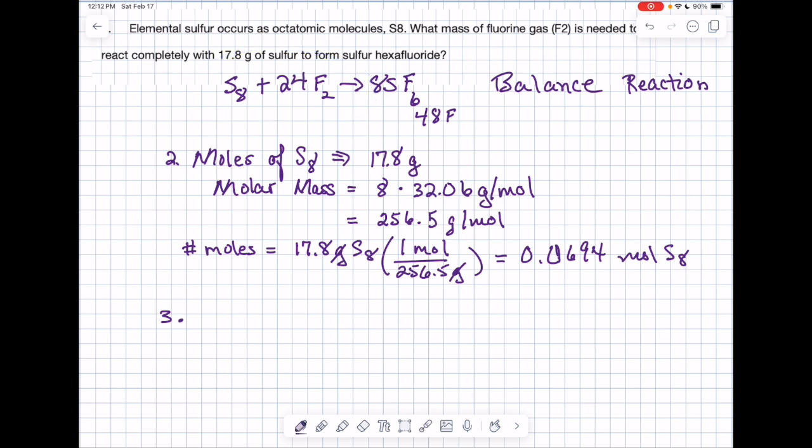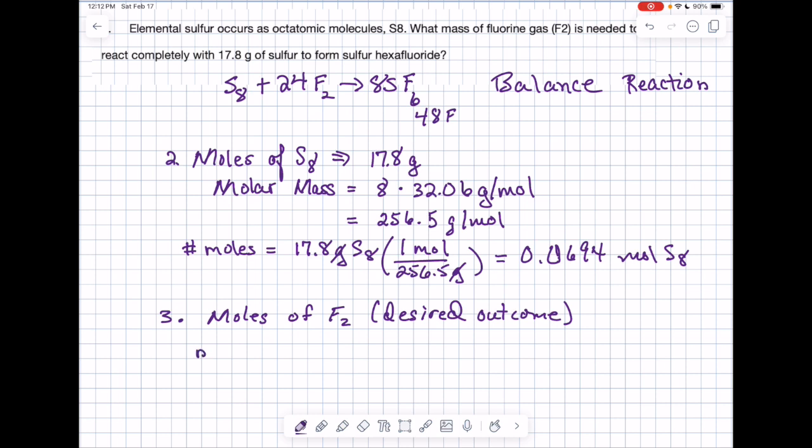All right, so we're going to do step 3, which is the moles of fluorine. That's the desired, in this case, whatever it is we're trying to calculate in general. So in this case, it's fluorine that we're trying to calculate. So what's our ratio?